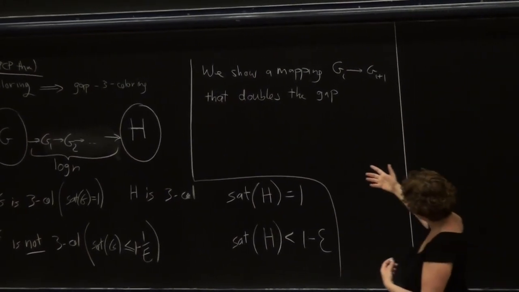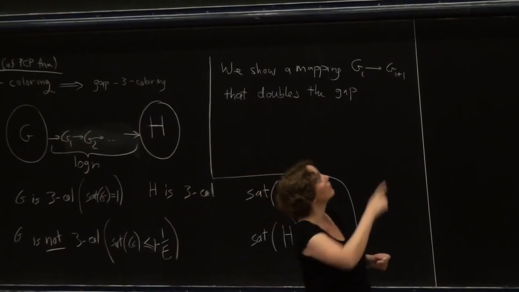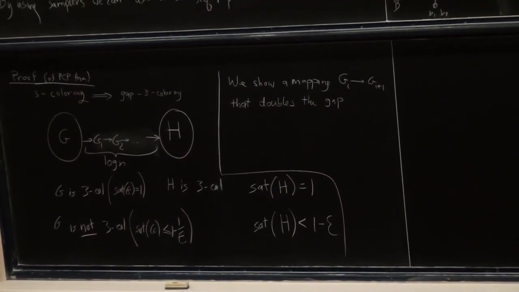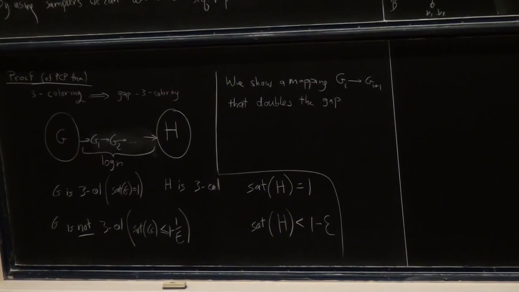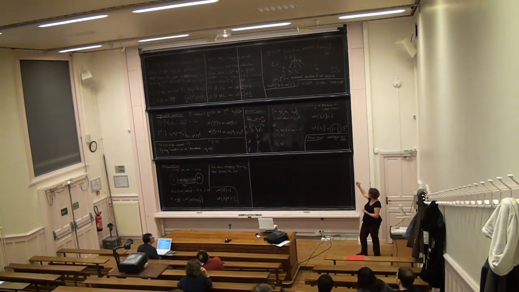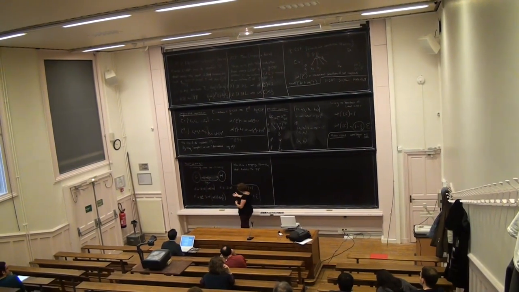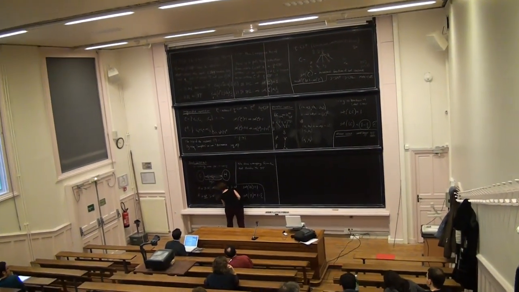Or maybe a better way to think of it is that you look at the unsat value, which I have up on the highest board. Instead of looking at how many clauses or edges are satisfied, look at how many edges are not satisfied. So you start out with an unsat value of 1 over E. Let me even write it this way. It's better.